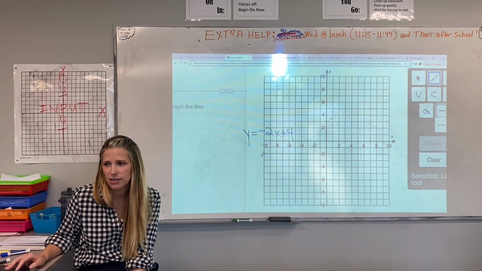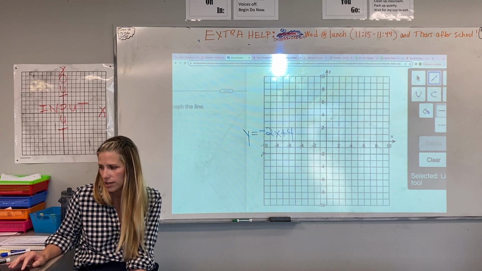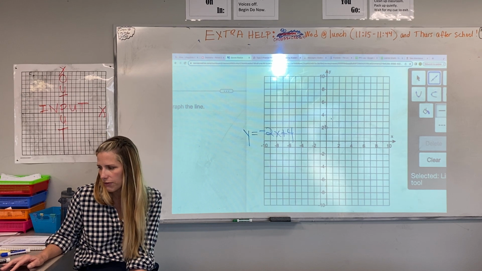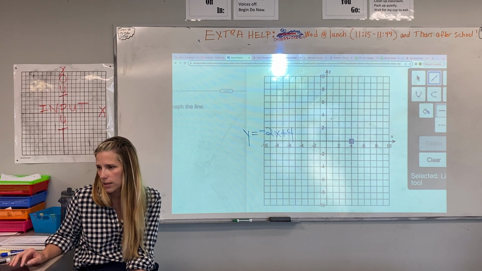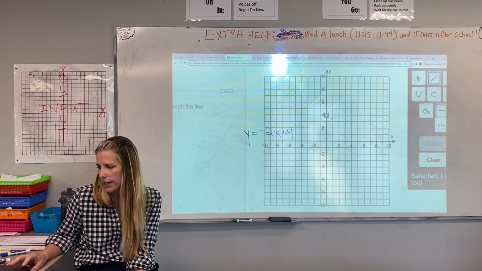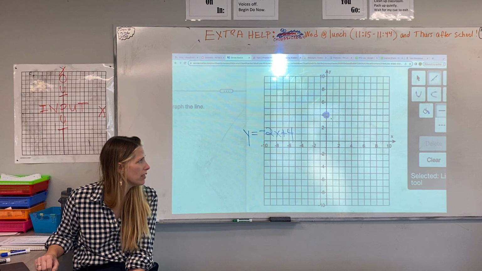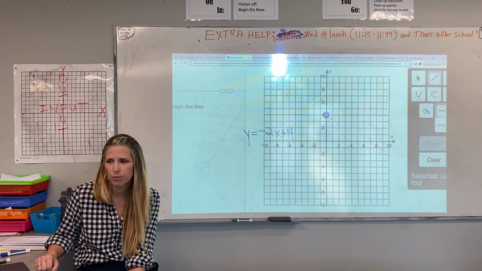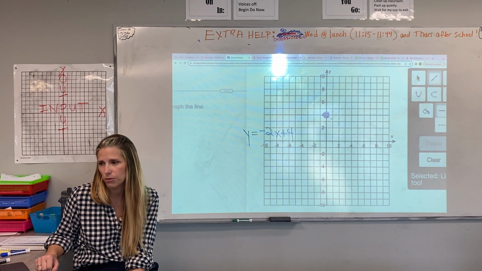The y-intercept is good. So okay, I see a 4 here and a 4 here. Where should I graph that point? On the y, because it's the y-intercept. That's point 1. How do I figure out where to put my second and final point?